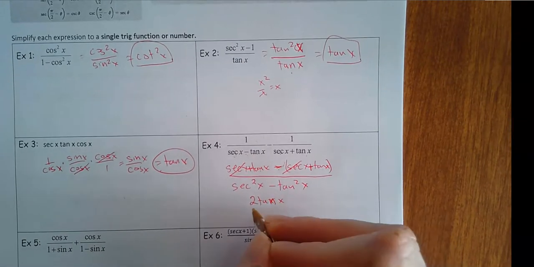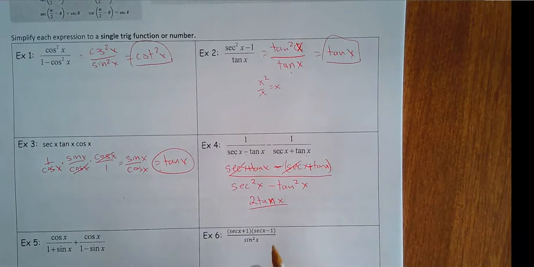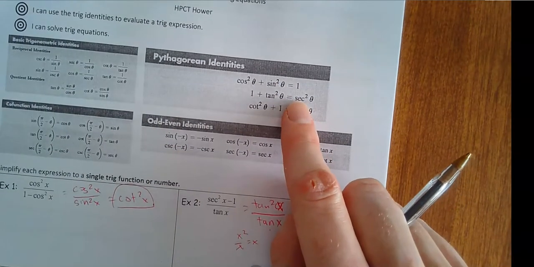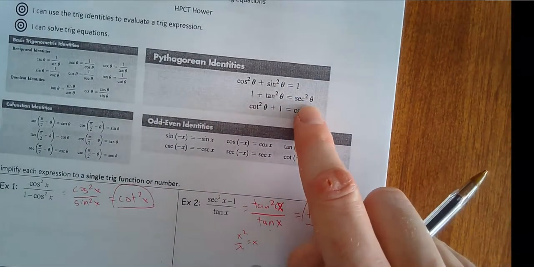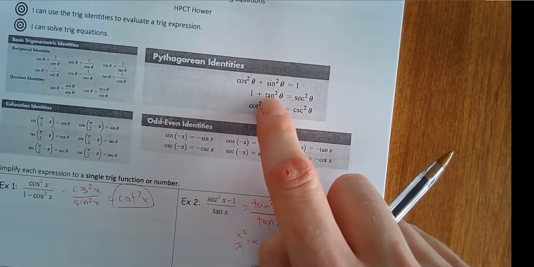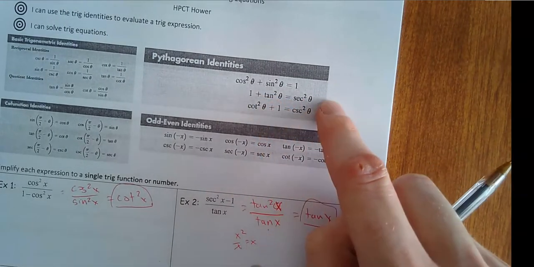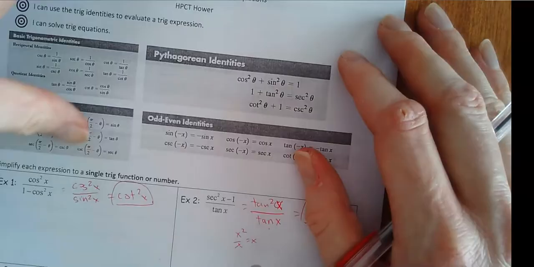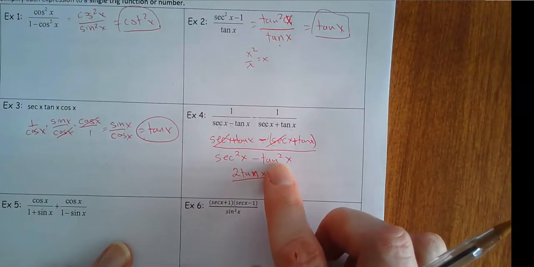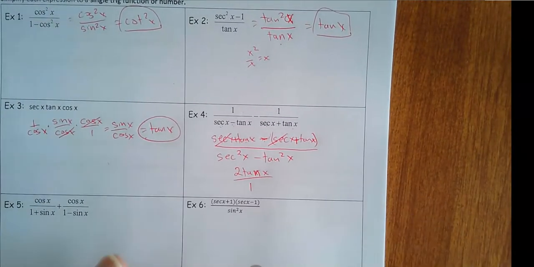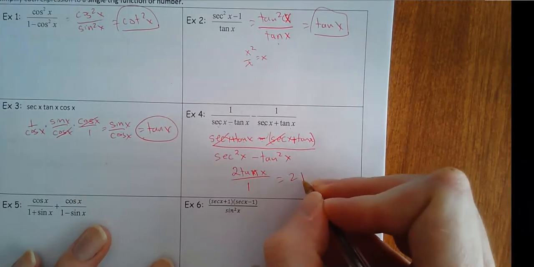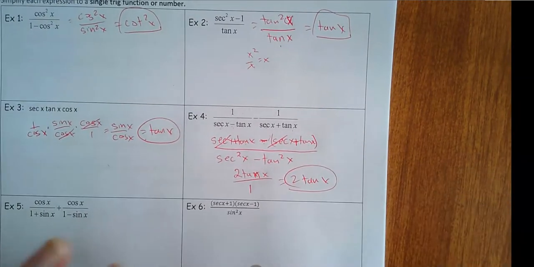Tangent x, not tax, tangent x. And then on bottom, if you look at this guy here, I've got secant minus tangent. So if I subtract the tangent over, secant squared minus tangent squared, I just get 1. So secant squared minus tangent squared is actually 1, so that's over 1. My answer is just 2 tangent x.